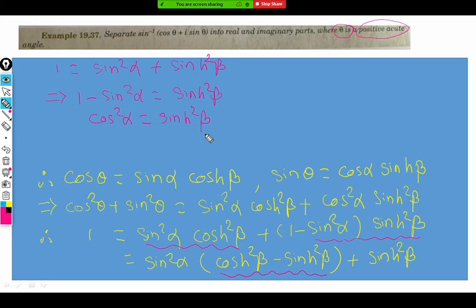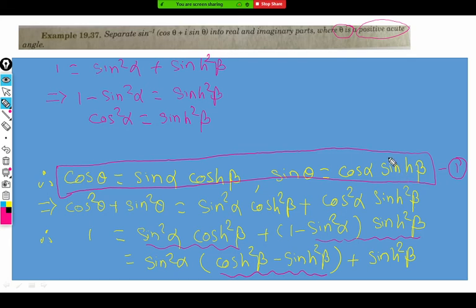Now how to proceed here? Cos alpha can we write as sine h beta? Yes. Whatever we got earlier, I'll give that as equation 1. So let me replace the value of sine h beta.